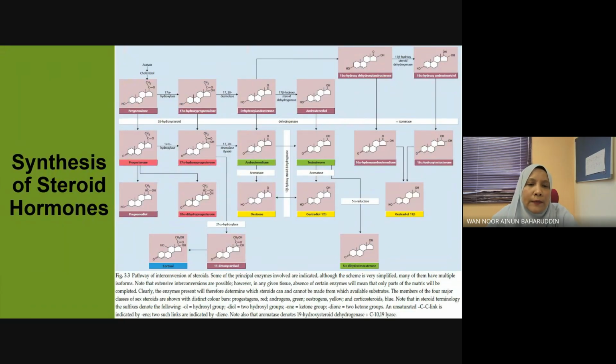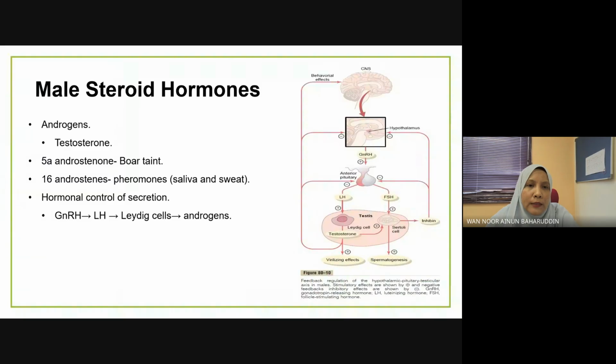These are the concept pathways; you don't need to memorize them. But mostly these are the synthesis of steroid hormone from cholesterol. It will be activated by cAMP to produce another type of hormone, what we call androgen as well as estrogen.